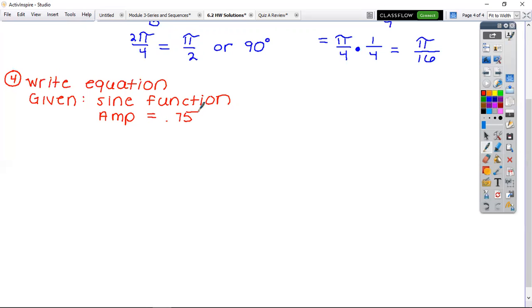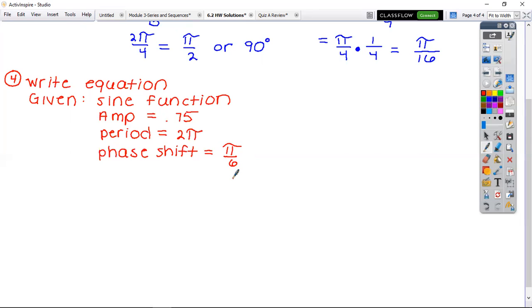And I'm going to give you the period is 2 pi, the period equal to 2 pi, and let's go phase shift of pi over 6. So phase shift equal to pi over 6.